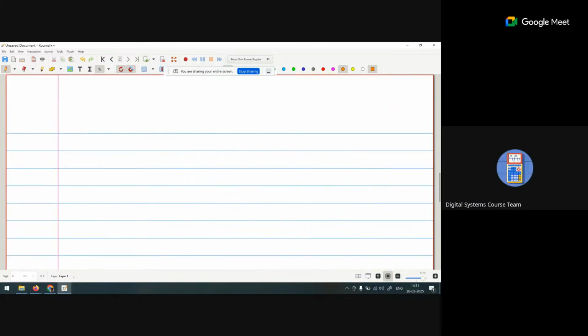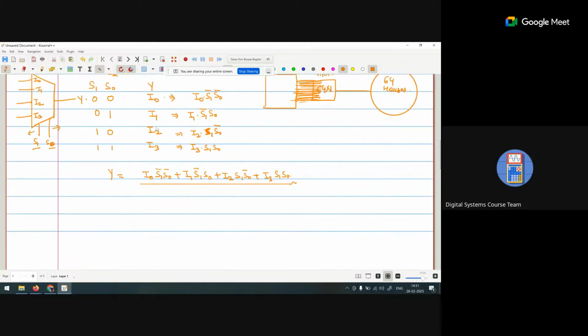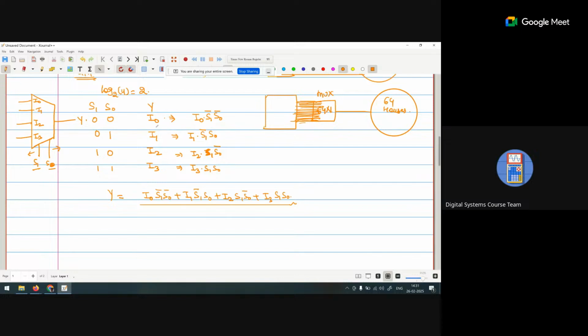In a similar concept, we have a demux. The concept is the same for 8 cross 1. We have 3 select lines S2, S1, S0 and output Y. If all are 0, we select I0, and similarly, if all are 1, we get I7.